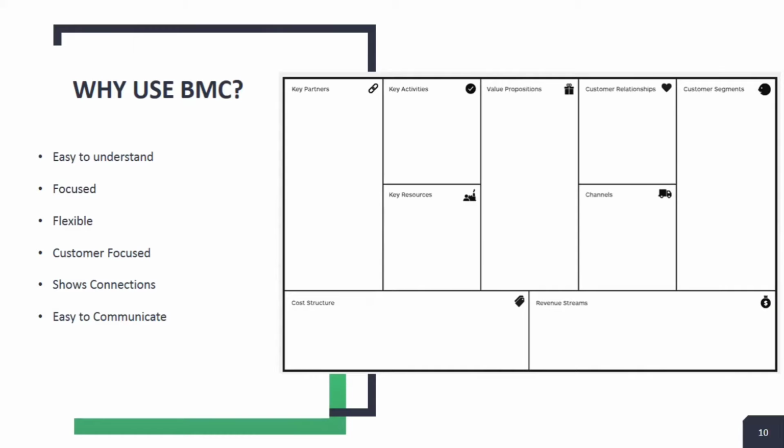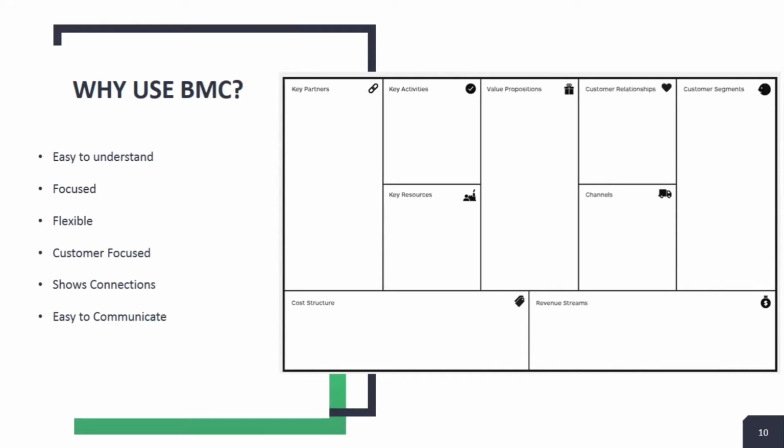Customer focused. The canvas forces you to think about the value you are providing to your customers and only then what it takes to deliver that value. Shows connections. The single page graphical nature of the canvas shows how the different parts of the model interrelate to each other.